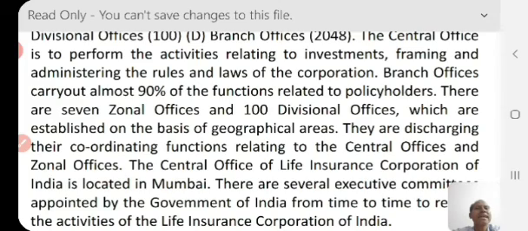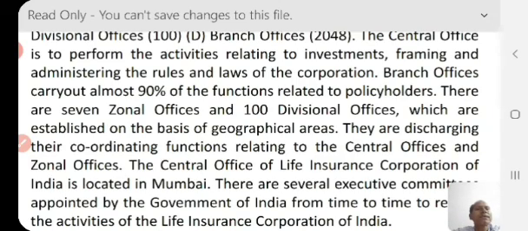Branch offices carry out almost 90% of the functions related to the policyholders. So most of the policy matters and most of the formulation of the administering rules and laws of the corporation are framed by the central office.